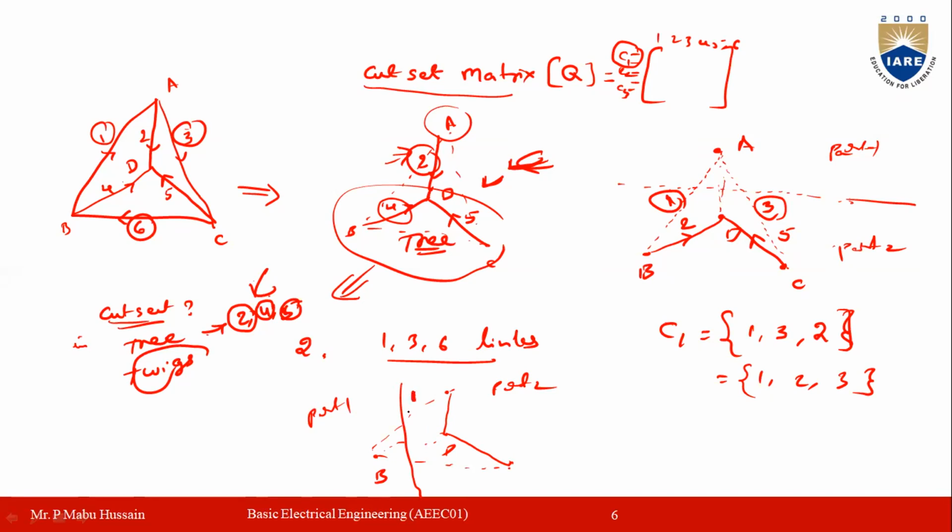This link is 1. This link is 6. Now 1, 4, 6 is the cut set 2. So this is another cut set. Okay. Now if you remove the fifth twig, again the graph will be divided into 2 parts. Now the links going from one part to the other part are 6 and 3. So along with the twig 5, you can represent another cut set which is C3. That C3 will be 3, 5, 6. Okay. So these are the cut sets.